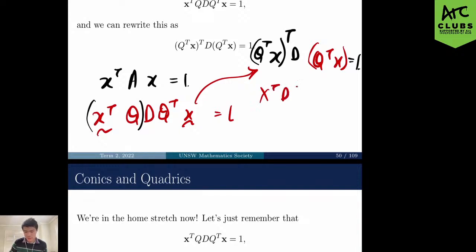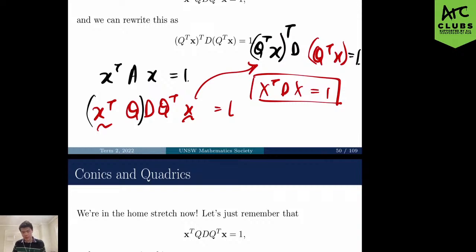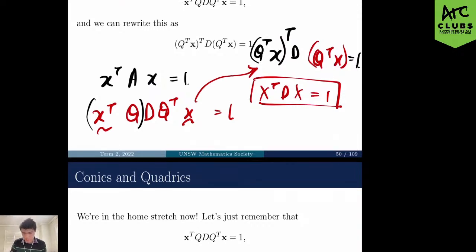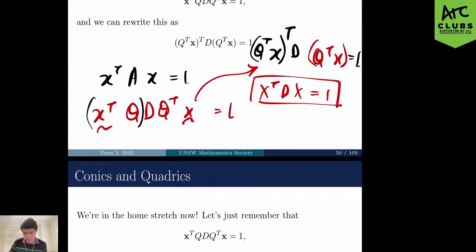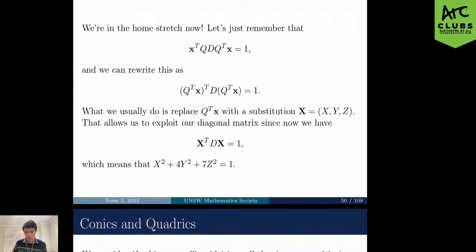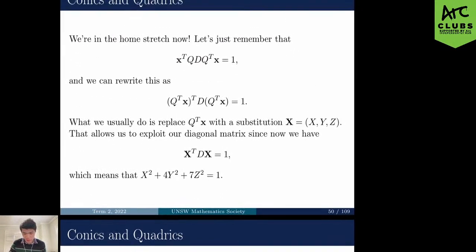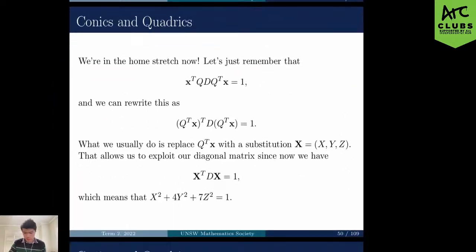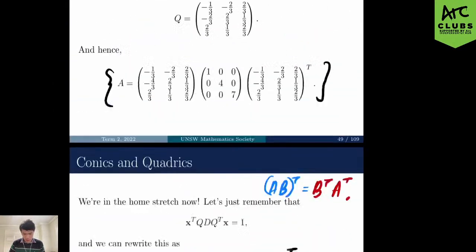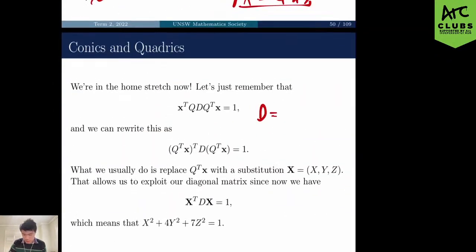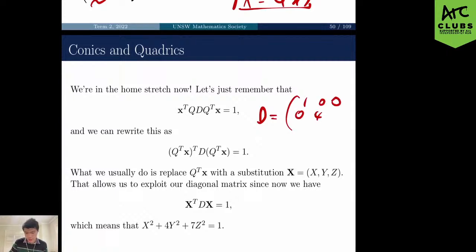X^T D X equals 1. Okay, and a consequence of that is once we've gotten this new coordinate system X equals Q^T x, let's just scroll down for a bit. We've gotten this equation. So remember what D is in this case. D is equal to, I should write it out, 1, 0, 0, 0, 4, 0, 0, 0, 7.